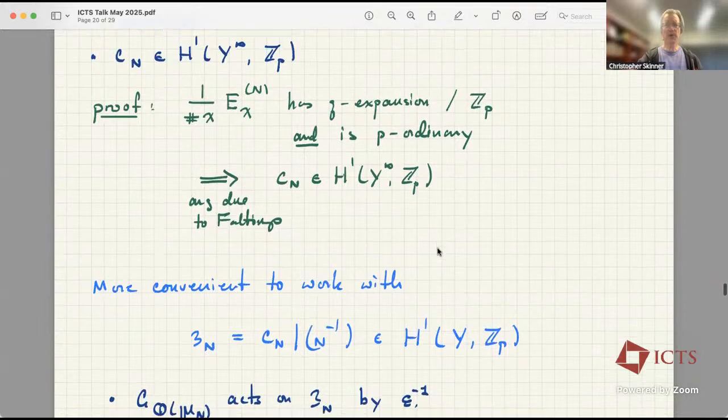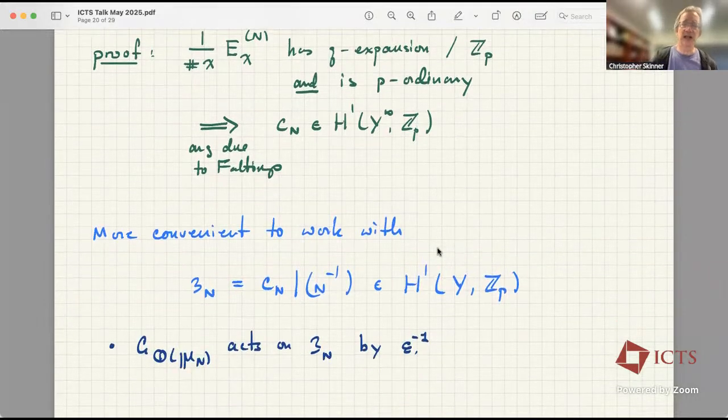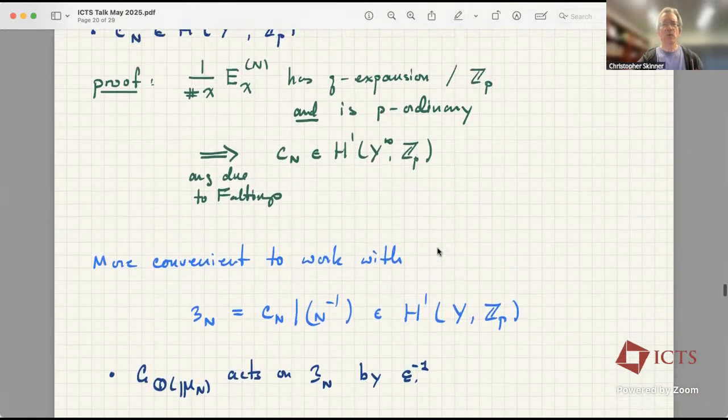But it's actually more convenient to work with not these classes, but their reflections under an Atkin-Lehner involution, which is going to give a class, still an integral cohomology class, but now for Y, where Y is not Y_infinity, but the open modular curve where I've removed the cusps at 0. But I'm allowed to keep the cusps at infinity in there, and that's kind of crucial for later on.